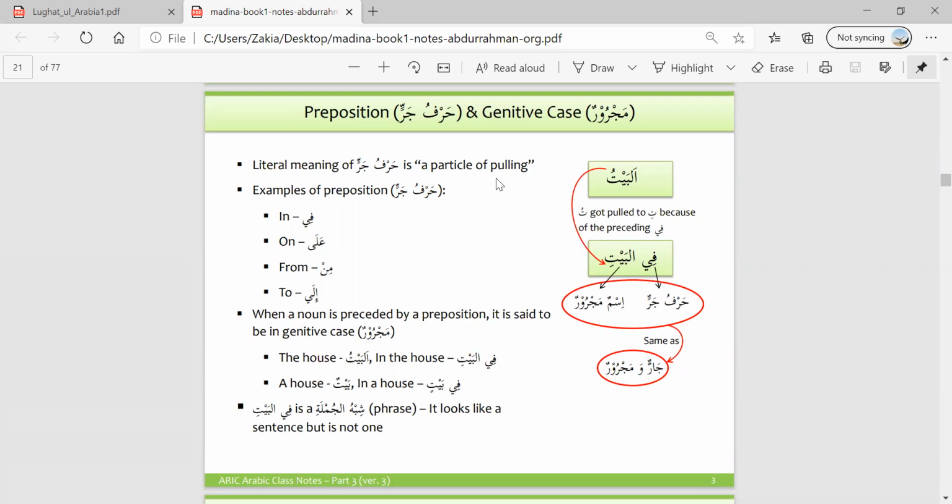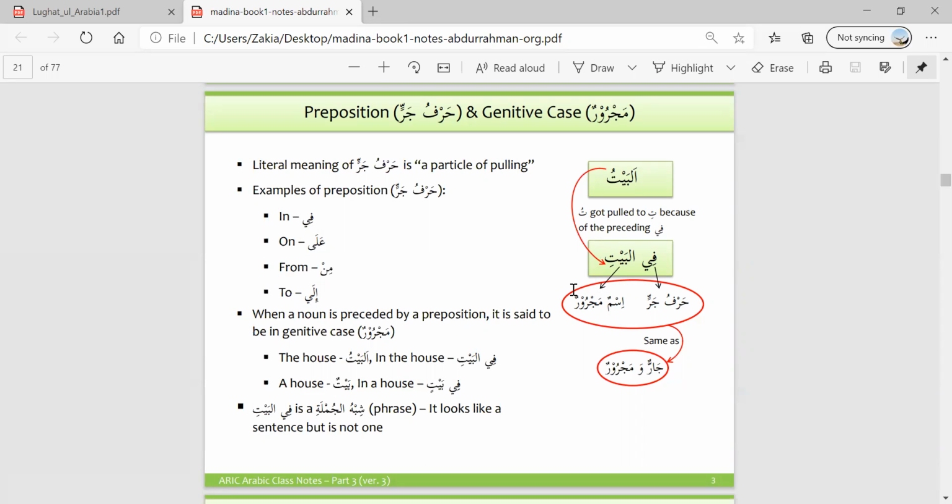What we'll see is some examples, inshallah, just to understand that a bit better. So we've already seen previously, al-baytu is the house, and we said we prefixed it with alif lam, and we deleted one of the dhammas at the end. So we deleted the double vowel, and that now becomes al-baytu because we have prefixed it with al. Now, what do we do if we prefix the al-bayt with the fi?